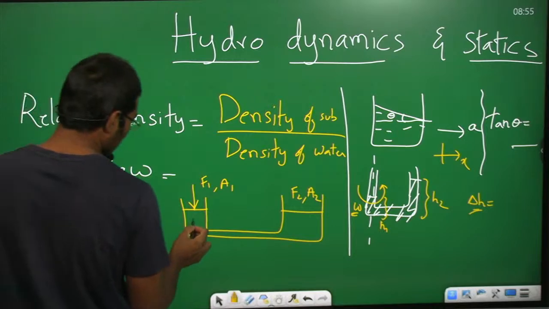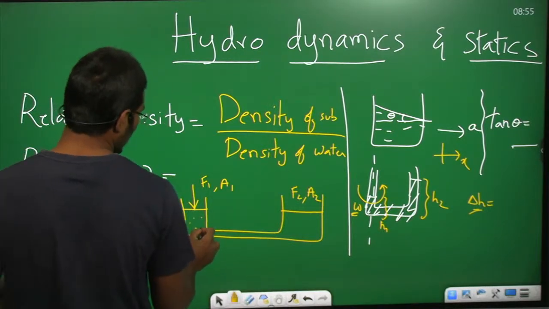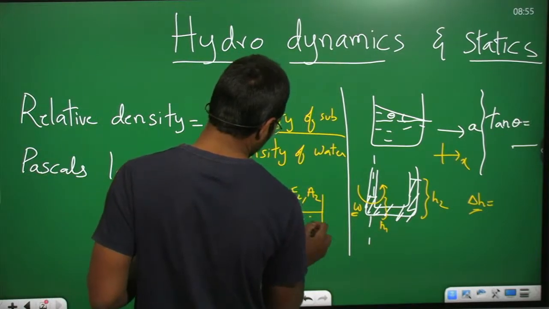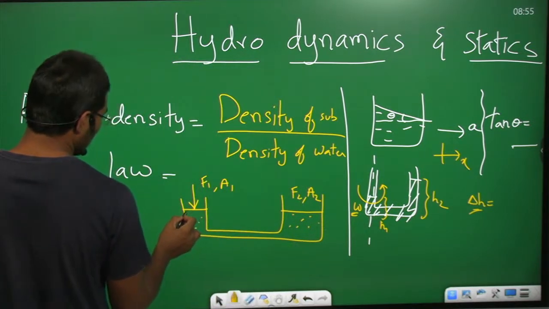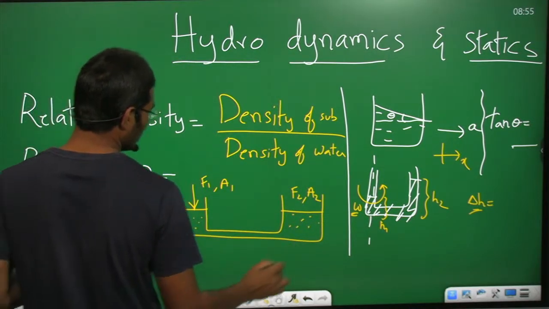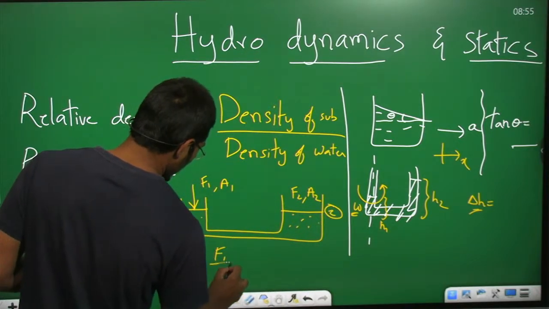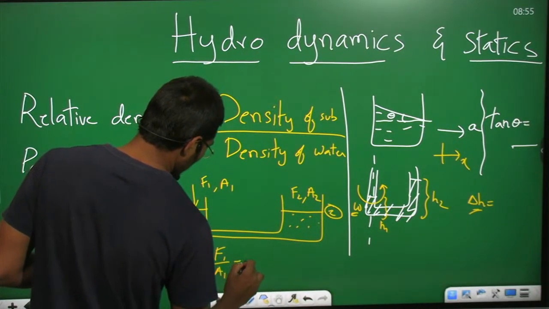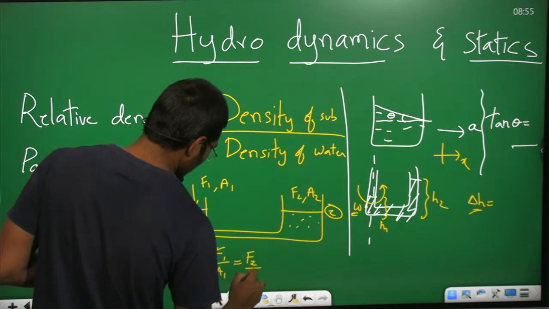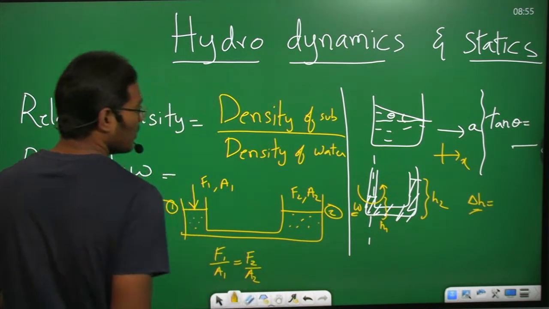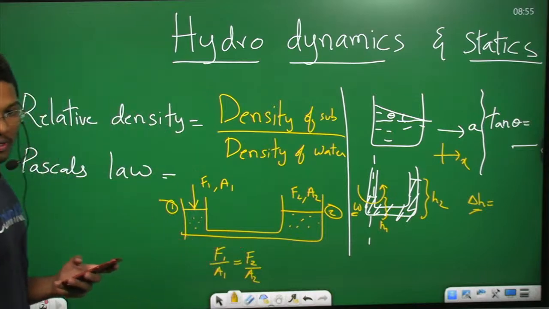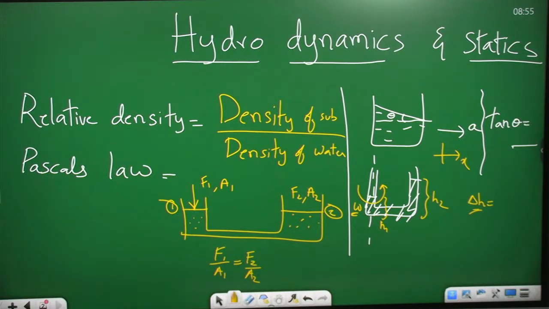See, pressure within the liquid is same at every point, even it is same at position 1 and position 2. So F1 by A1 is equal to F2 by A2. So hope you are writing it. So try to reply in the chat box.